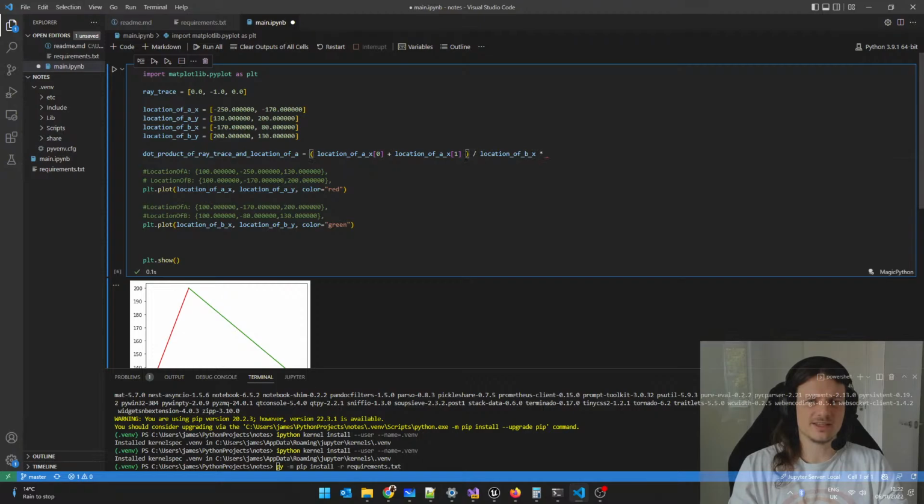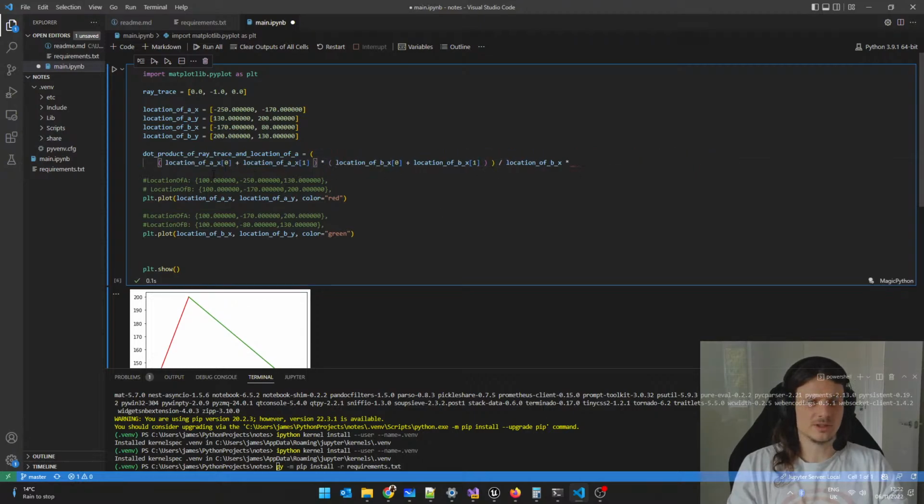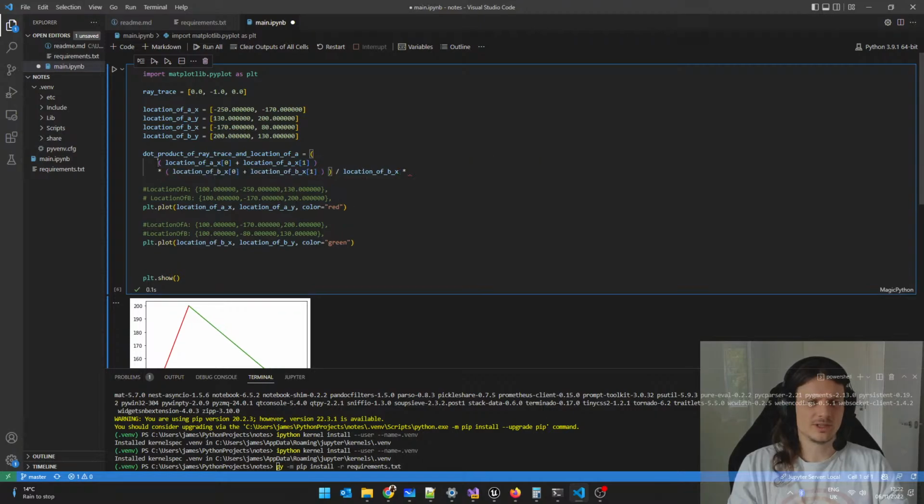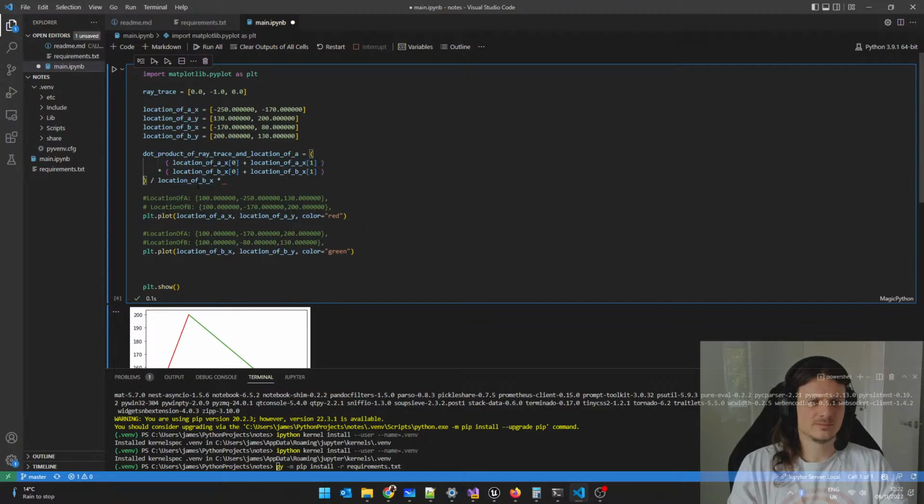So it's this multiplied by this, all divided by, let's try and make this a little bit more attractive. All multiplied by, and then is it times?